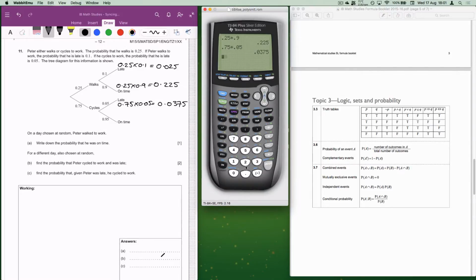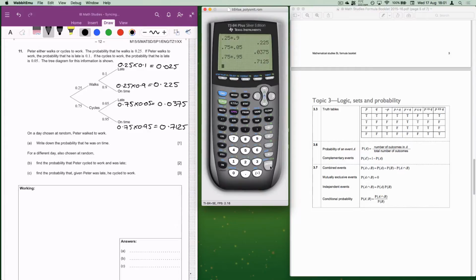And then 0.75 times 0.95 is equal to 0.7125. And so we do all this here, and that then means that we've got all the multiplication dealt with, and all we have to really worry about is division or a few things like that. So let's go and read the rest of the question and answer that now.